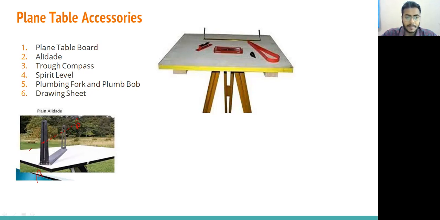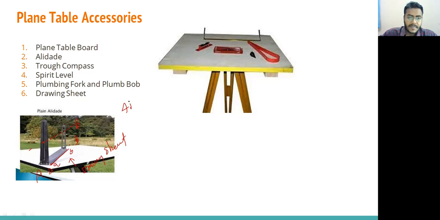By sighting station B from station A, we can then, through this edge of the alidade, draw a line on the sheet. This is the drawing sheet. This line shows the direction between A and B towards B, and by measuring the length A to B using the scale, we can write it on the drawing sheet.